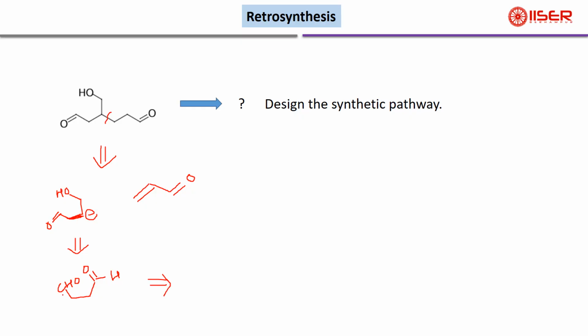So if we cut from here, it will be CHO minus, and there will be an alpha beta unsaturated compound.